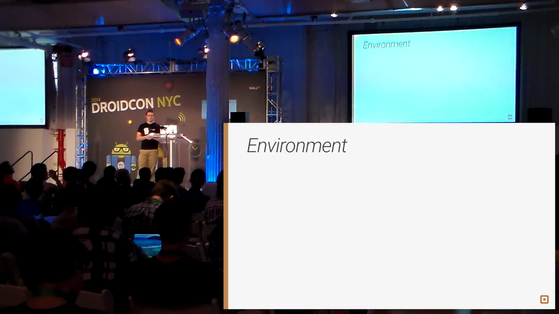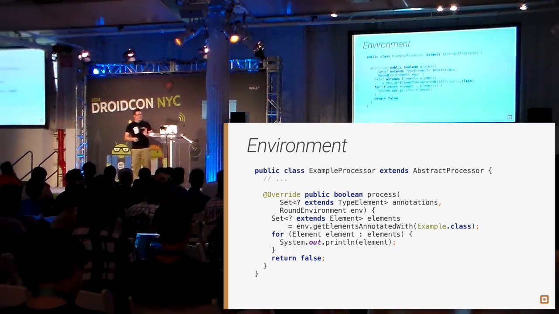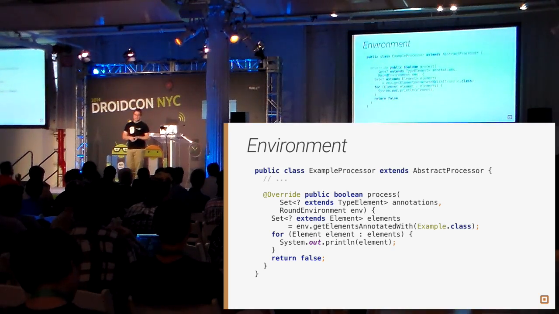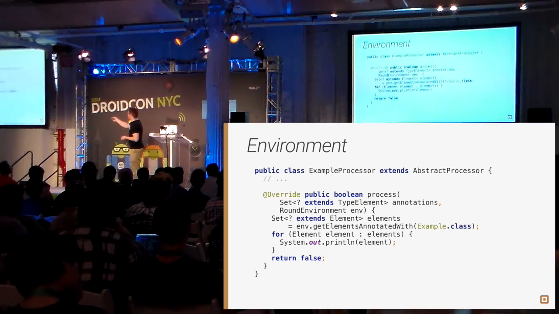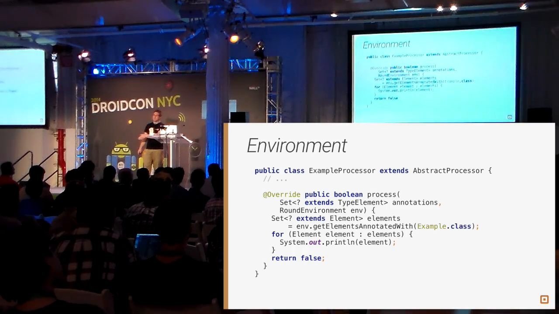So if you remember, I wrote this. This is actually a bit incorrect. In the Doclet and APT version, I was printing out the fully qualified class names of the annotated classes. And you'll see in the for loop, I'm looping over the elements, and the elements only represent the syntax, not the actual type.